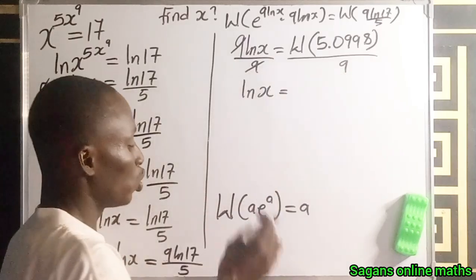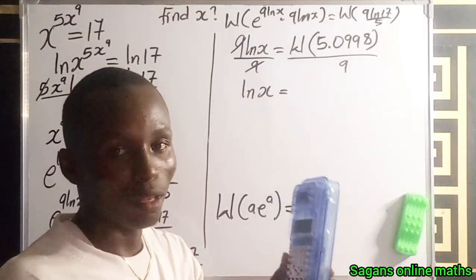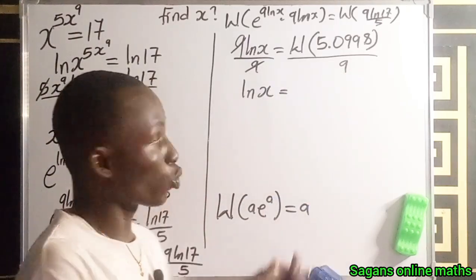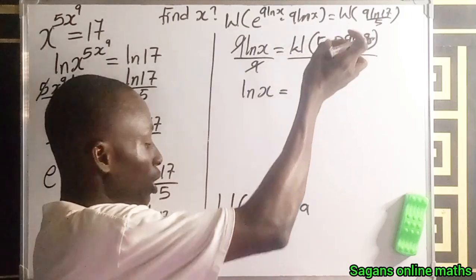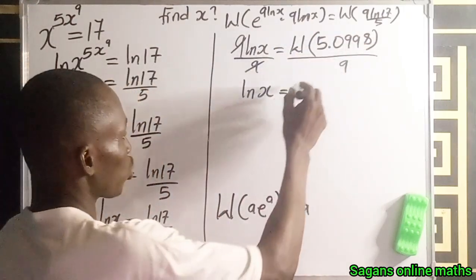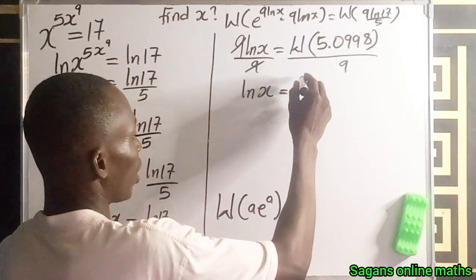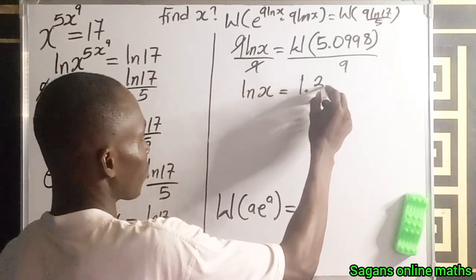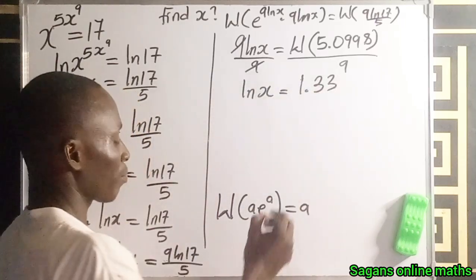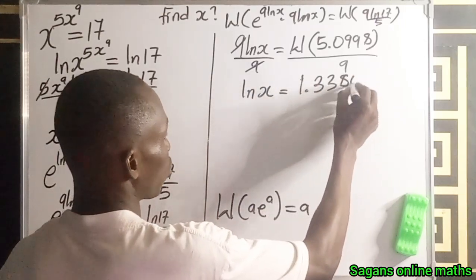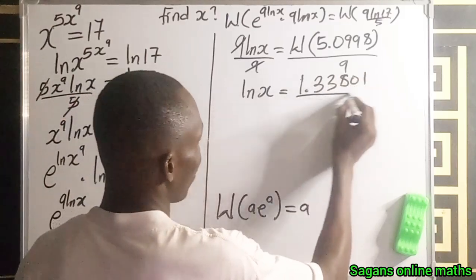Since no calculator has it, I've already gone to a site to find the value of the W function of this. It gives us 1.33801, divided by 9.